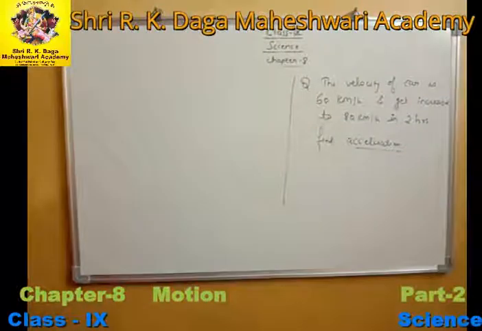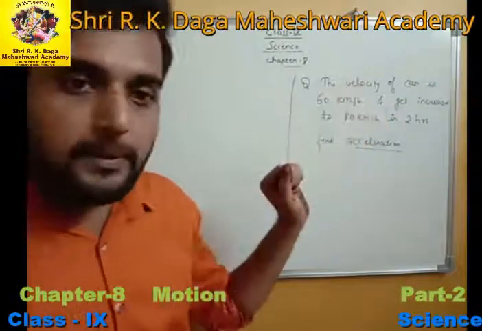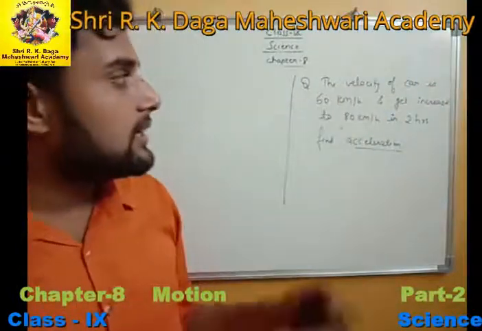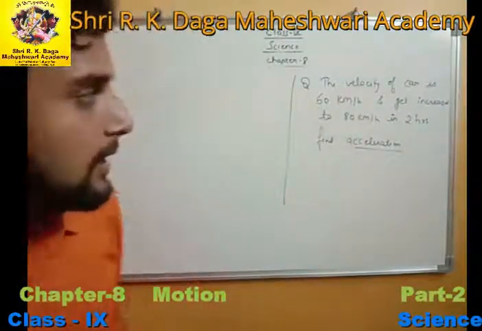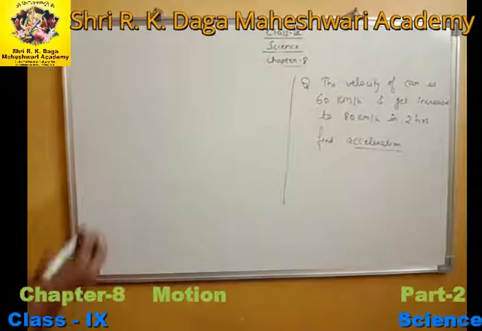So I hope the question is clear to all of you, right? The velocity of the car is 60 km per hour and it will get increased to 80 km per hour, and the time taken to cause this increase is 2 hours. Then we have to find acceleration.